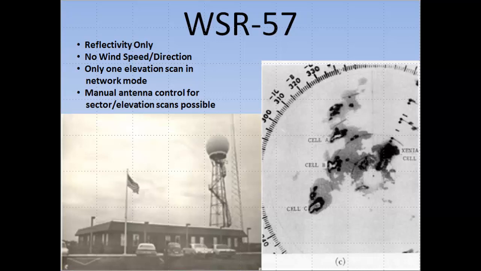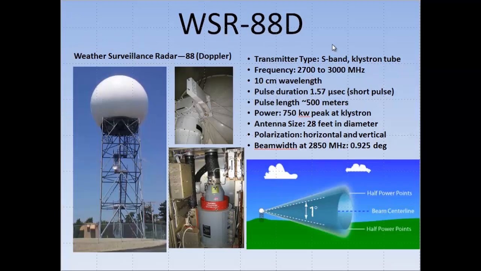So this is old technology, and it has since been replaced with the WSR-88D. This is the radar that replaced the old WSR-57. It's the WSR-88D, Weather Surveillance Radar 88 for 1988 when the plans were locked down, and the D of course stands for Doppler, meaning it can sense wind direction. It's an S-band radar with a frequency of 2700 to 3000 megahertz, 10 centimeter wavelength on the pulse.